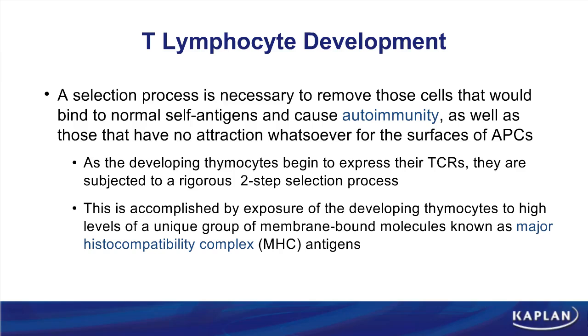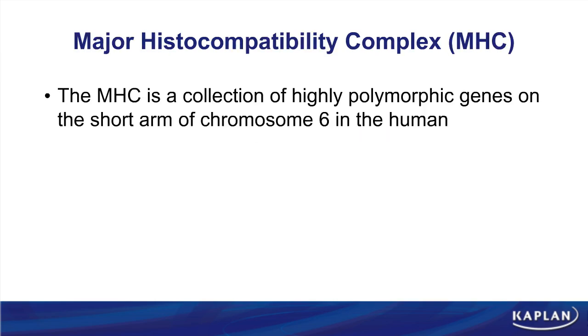And they also have to sort of know when to stay away and not become activated, because those cells might potentially be autoreactive. The MHC complex itself is a group or collection of highly polymorphic genes that are located, clustered together on the chromosome 6.